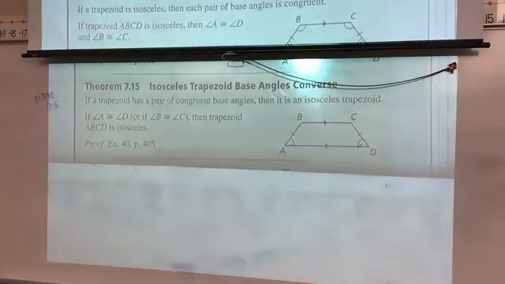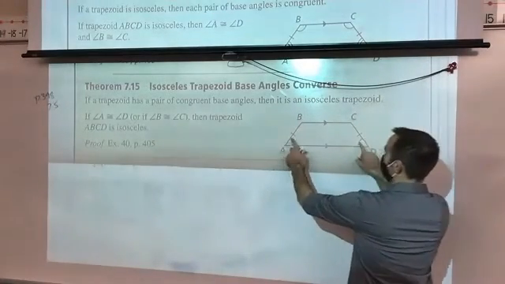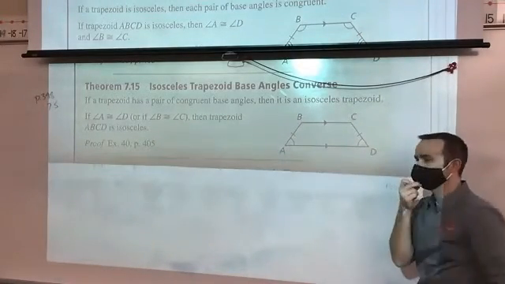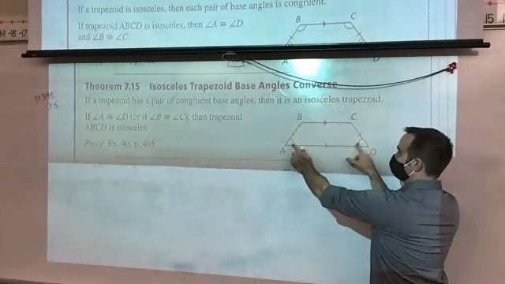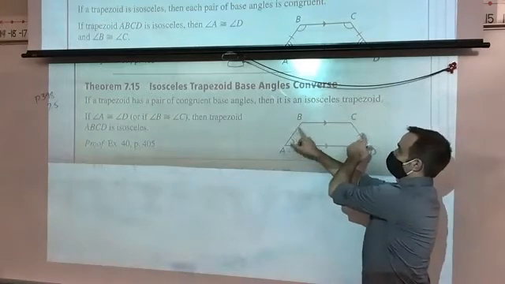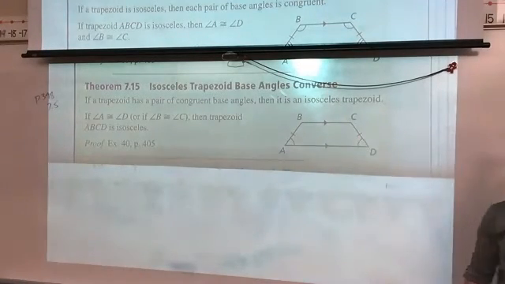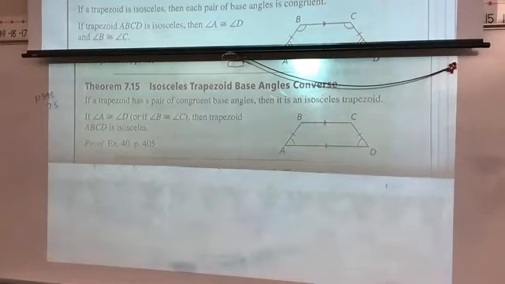So this is, if a trapezoid has one pair of congruent base angles, so if we know one pair of base angles is congruent, whether it's the top or the bottom, doesn't matter. If you have one pair of base angles congruent, the legs are congruent as well, which makes it isosceles. So we can go back and forth between those. If the legs are congruent, the base angles are congruent, vice versa.